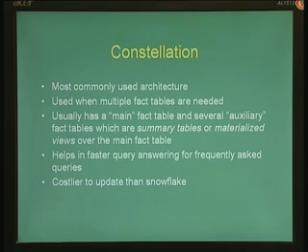Even when multiple fact tables are not necessary, a constellation schema is used in order to maintain materialized views in addition to the central fact table, that is, it usually has a main fact table and several auxiliary fact tables which are materialized views over the main fact table. It helps in faster query answering for frequently asked queries. However, it is costlier to update than a Snowflake schema, which is kind of obvious.